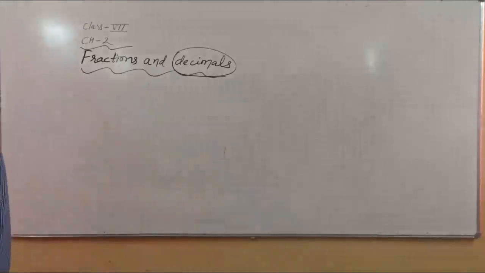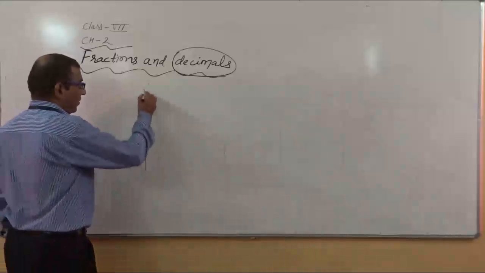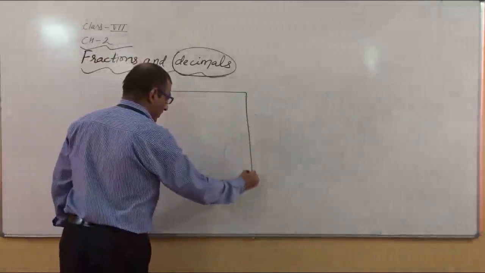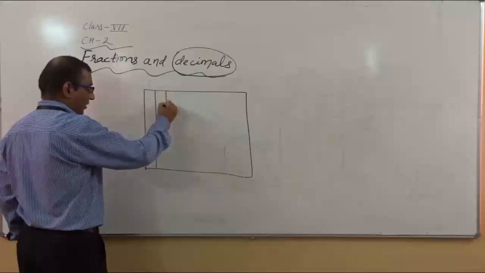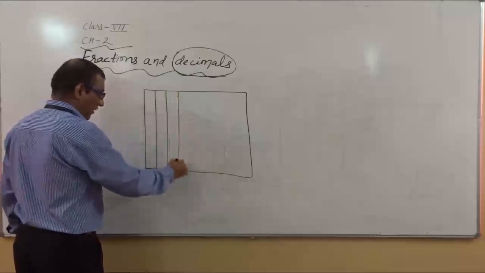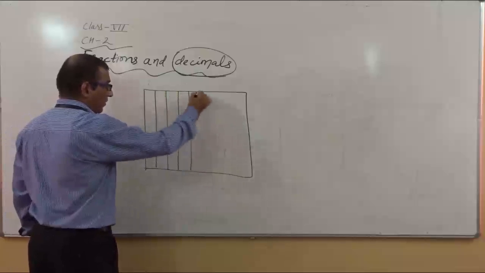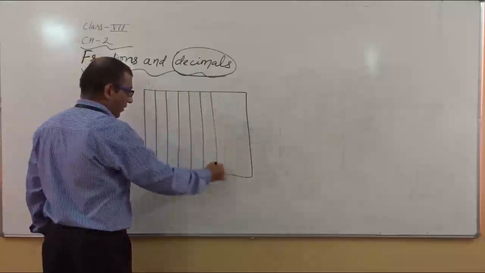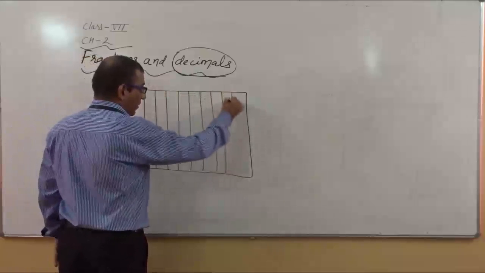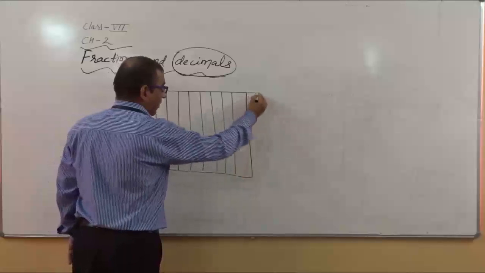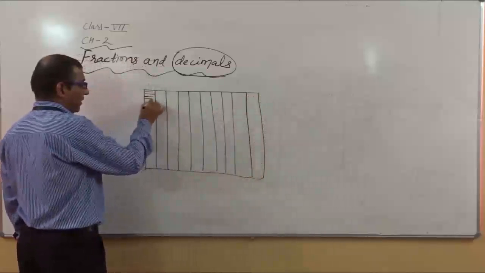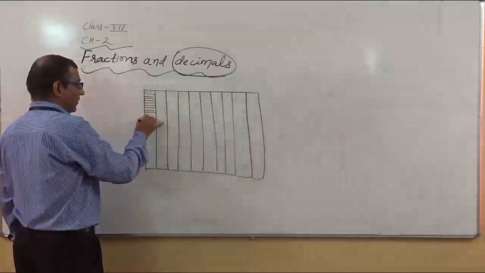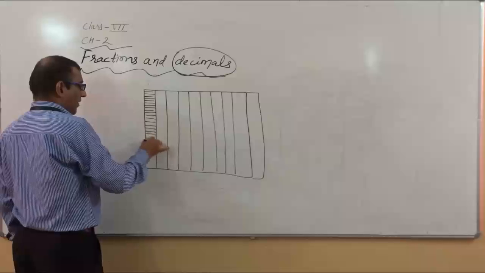I am telling with some diagram. If I divide it into 10 equal parts, 1, 2, 3, 4, 5, 6, 7, 8, 9, and one more part, 10. Out of these 10 parts, if I am shading only one part, what does it mean?